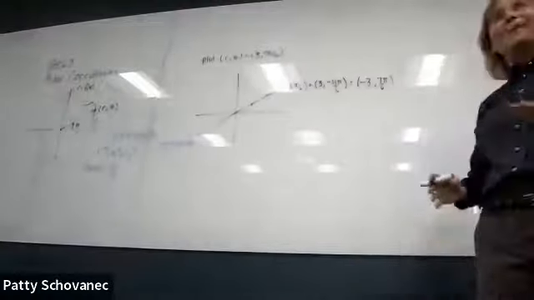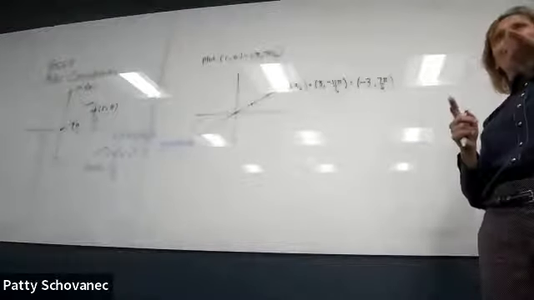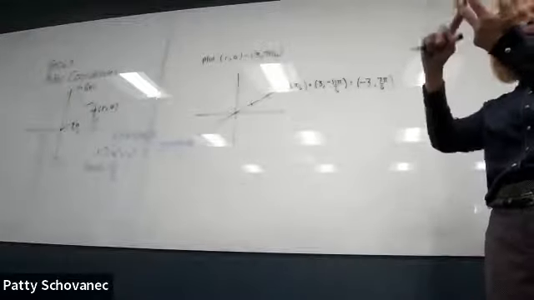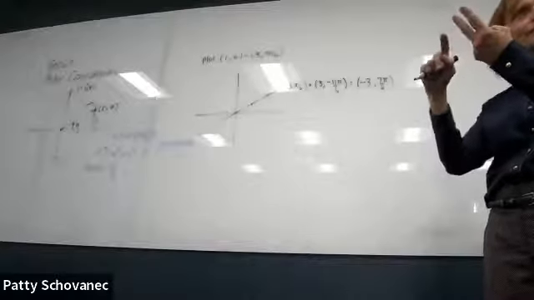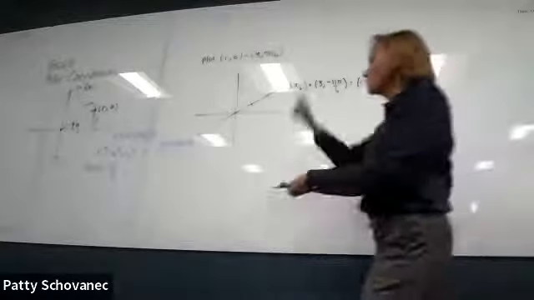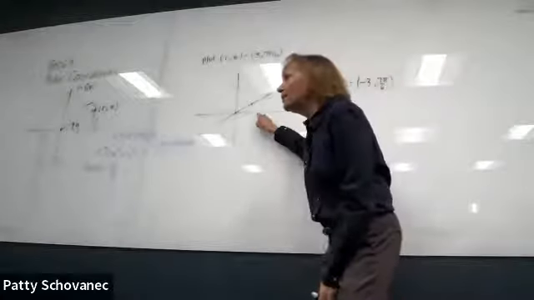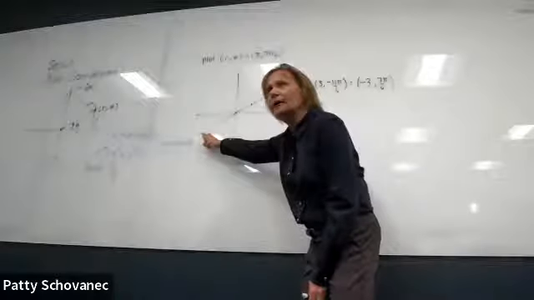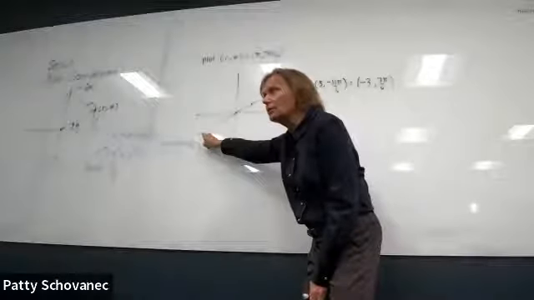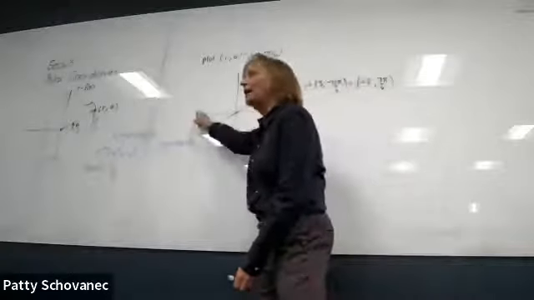Or let's find the name of that point where both r and theta are negative, and theta is between 0 and 2 pi. Tell me the measure of the angle from the positive x-axis to here in a clockwise direction. Good, -5 pi over 6. From here to here is -pi.